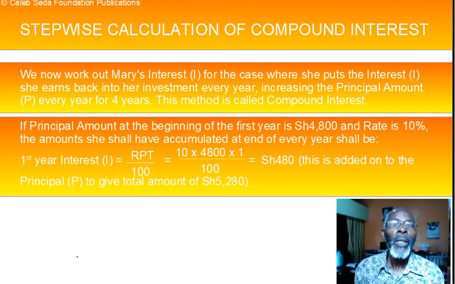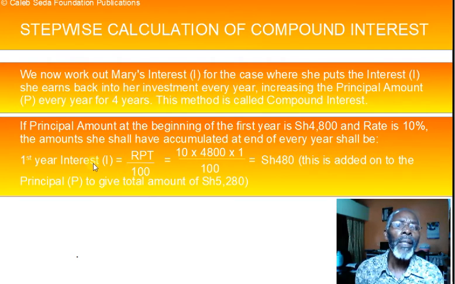If the principal amount at the beginning of the first year is shillings 4,800 and the rate is 10%, the amount she shall have accumulated at the end of year 1 and every year shall be: first year, interest is equal to rate times principal times time over 100, which gives us 10 times 4,800 times 1, because it's 1 year, over 100, that gives us shillings 480.